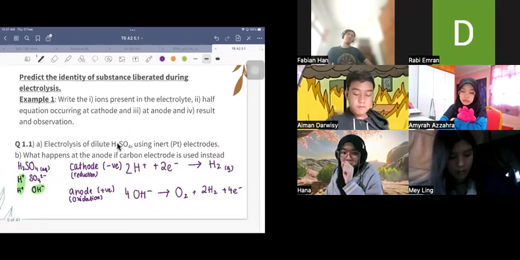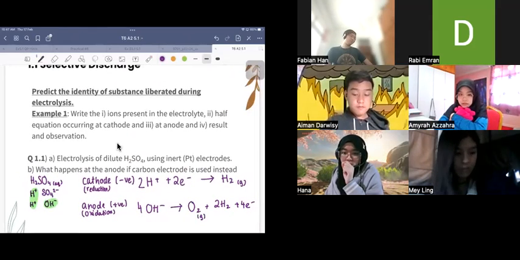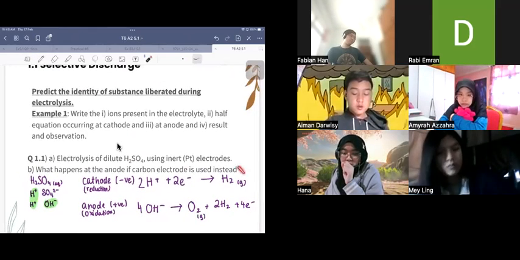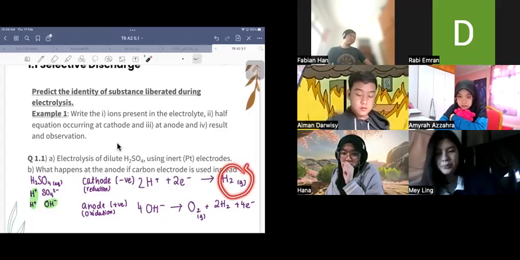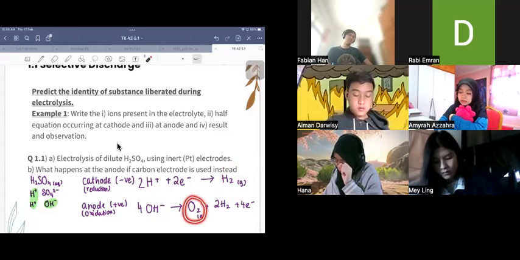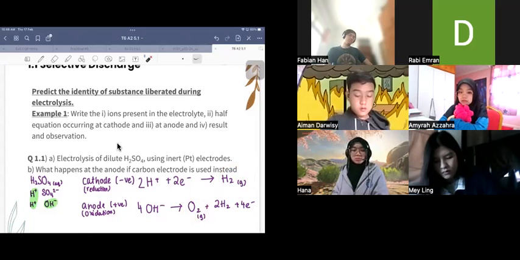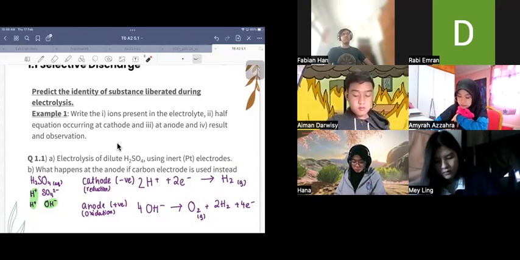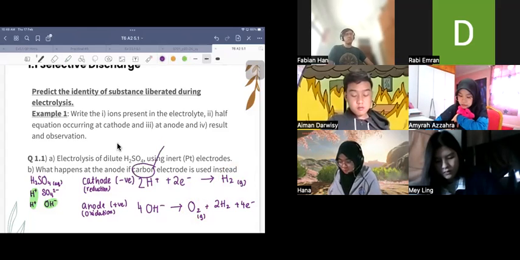Okay, so you would observe bubbles of hydrogen at the cathode electrode, and you would also observe bubbles of oxygen at the anode electrode. Okay, what happens at the anode if carbon electrode is used instead? Now, carbon electrode is also inert.